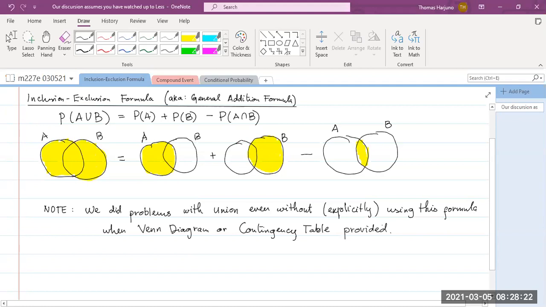So if you have a Venn diagram or contingency table, you can compute probability of union without using this formula.